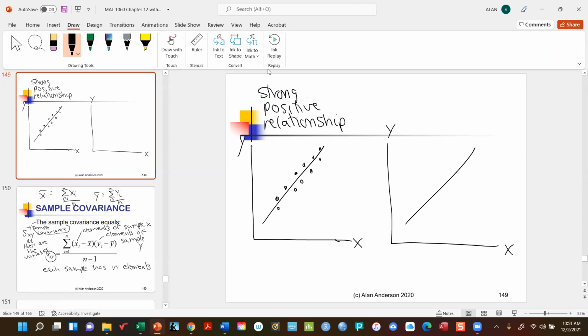On this side, though, look at this one. You can see the points are heading up in the same direction, but they're not very close to that line, are they? This is what we would call a weak positive relationship.